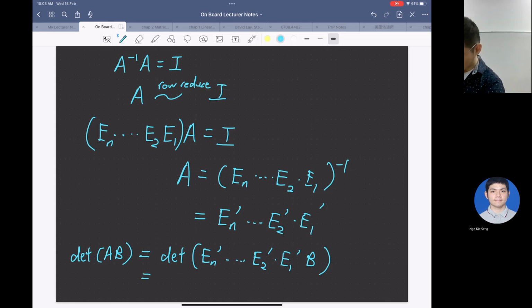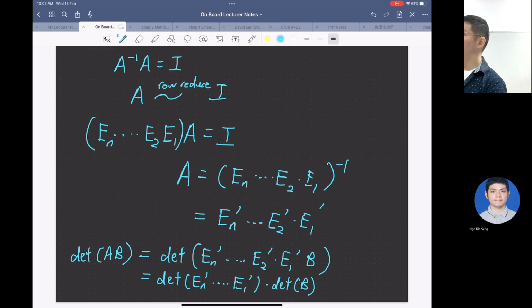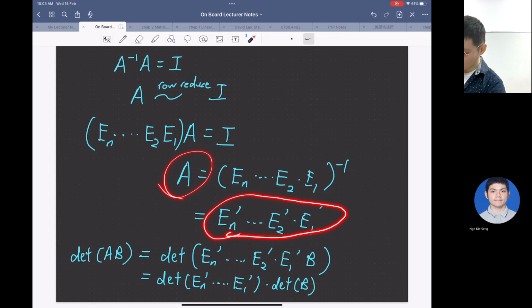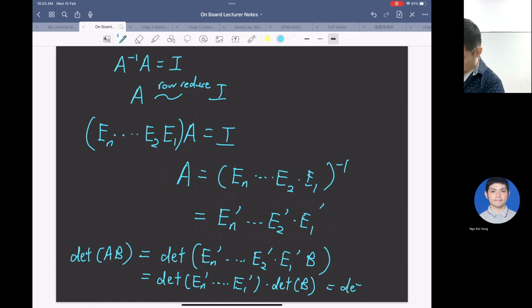So we get det E_n prime up to det E_1 prime times the determinant of B.